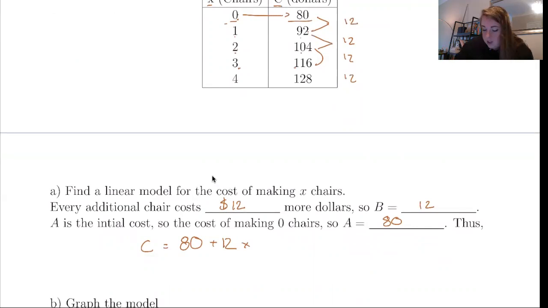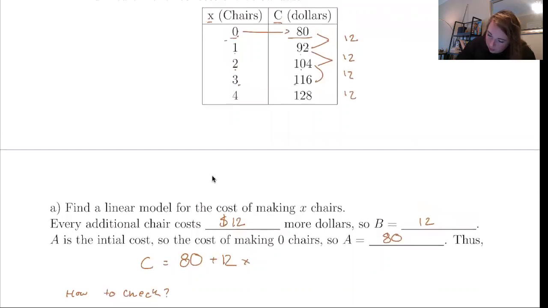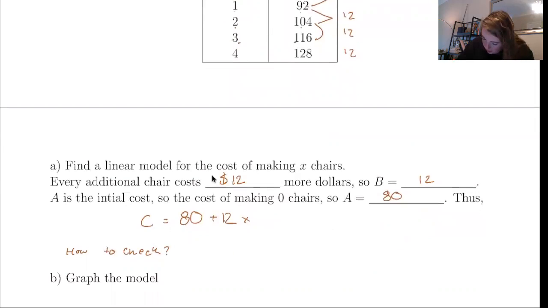How could I check that this is right? I could just check by plugging in some of these x's. So let's say when x equals 2, C would equal 80 plus 12 times 2, which would be 80 plus 24, which would be 104.